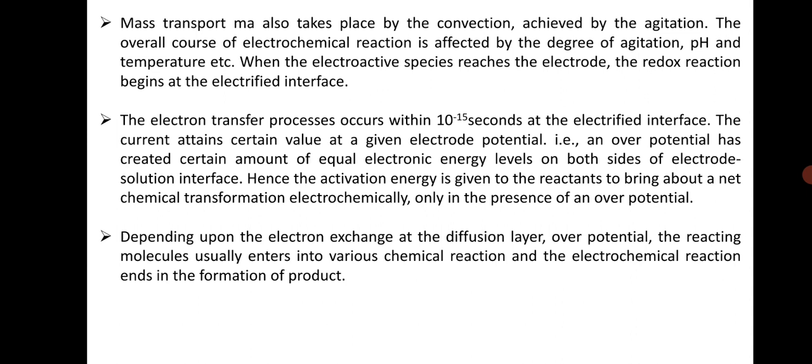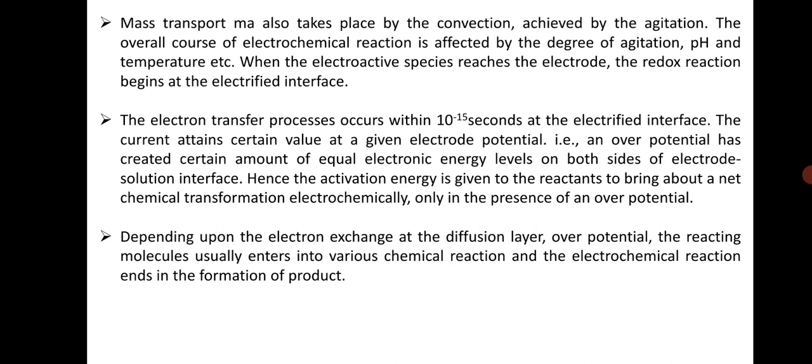Now, the overall electrochemical reaction is affected by the degree of agitation, pH, temperature, etc. When the electroactive species reaches the electrode, the redox reaction begins at the electrified interface, meaning the electrode-electrolyte interface.